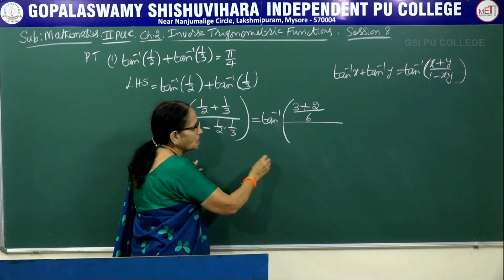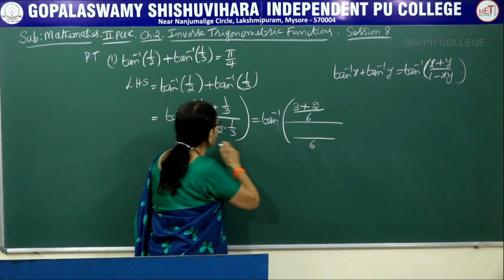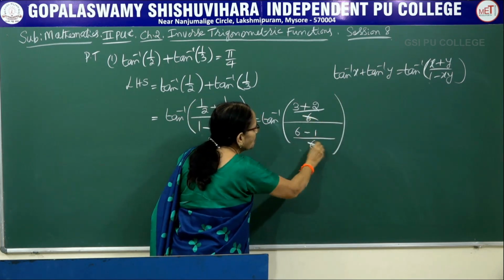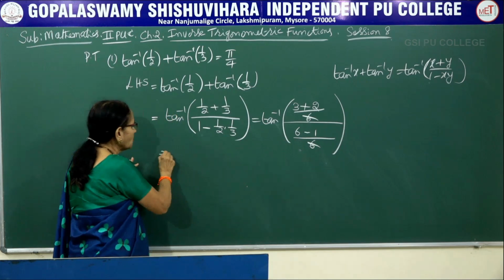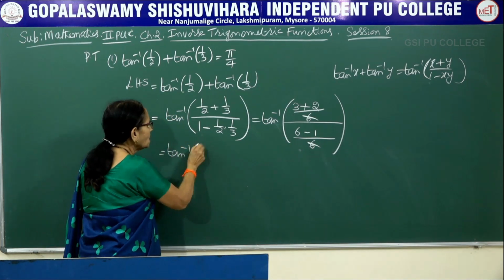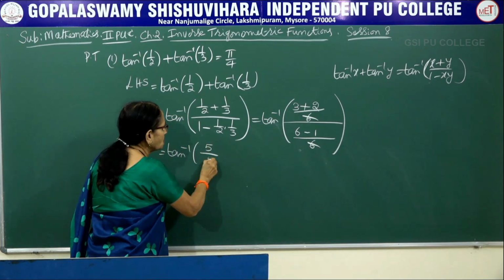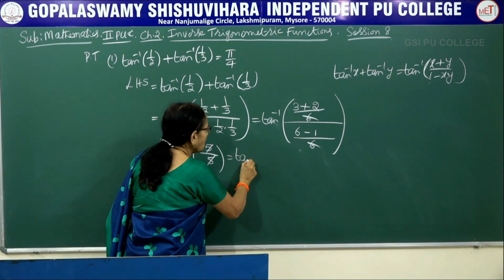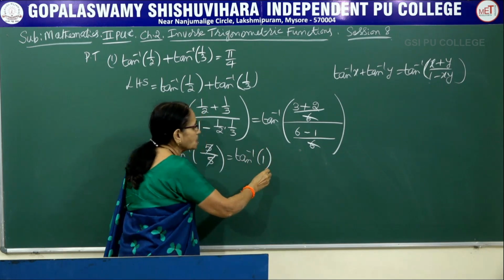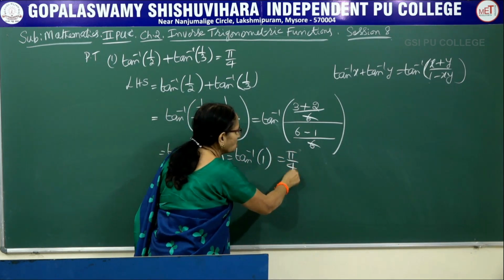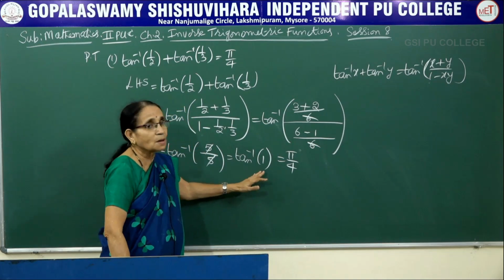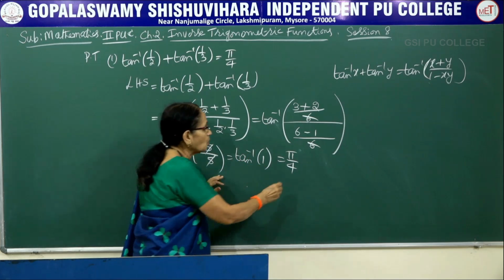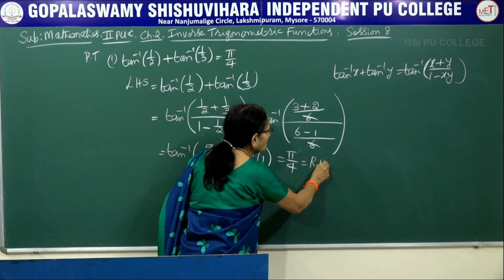Denominator also the LCM is 6, so it is 6 into 1 minus 1. First let me cancel this and simplify the remaining part. Tan inverse of 5 divided by 5, on cancellation it becomes tan inverse of 1, that would be equal to pi by 4, since we know that tan inverse 1, which is a standard value, is equal to the angle 45 degrees or pi by 4, which is the right hand side.